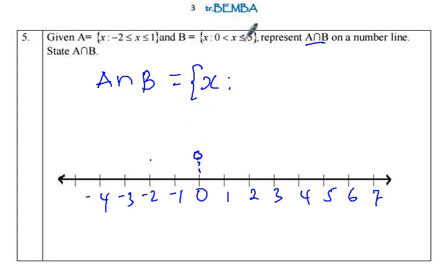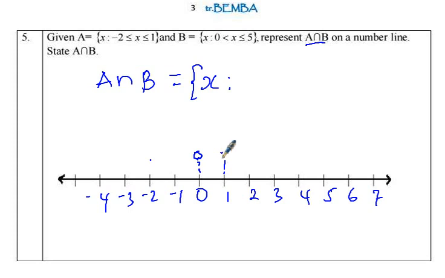Now let's see the other limits. The first set stops at 1. This set stops at a 5. Since we are interested in their intersection, there is no way we shall move up to 5, but we shall stop at a 1. So we can come right above here.